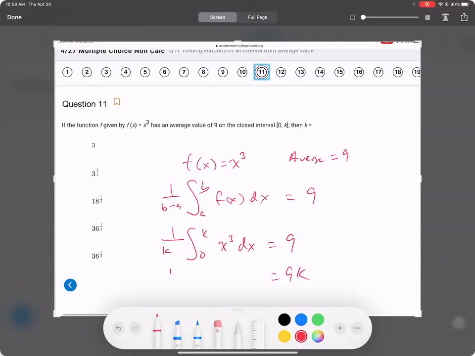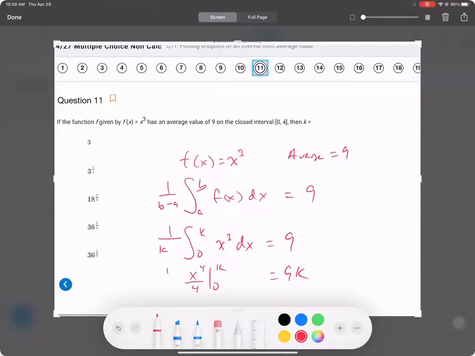The integral of this is x to the 4 over 4, plugging in 0 to k. 0 is not going to matter, so let's just keep k to the 4th over 4, minus 0, equals 9k. Multiply 4 to both sides, and we have k to the 4th equals 36k.